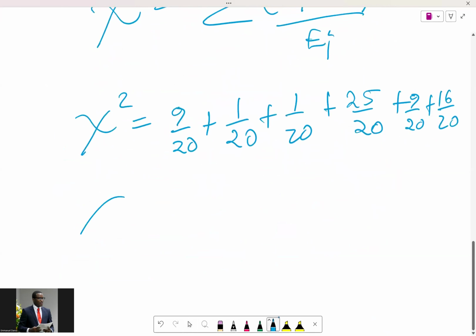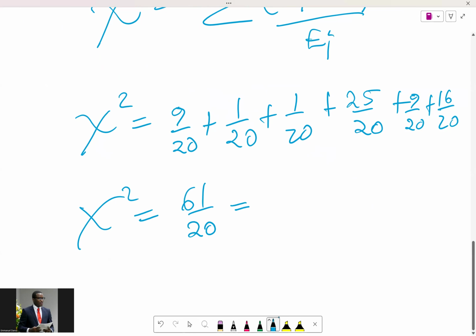So we can easily say that is 9 plus 1, 10, 10 plus 1, 11, 11 plus 9 is 20, plus 25, that's 45, 45 plus 16 is 61. That's my smart way of doing that.